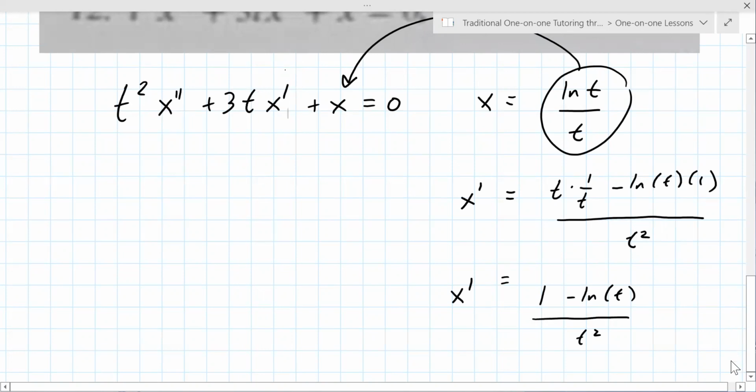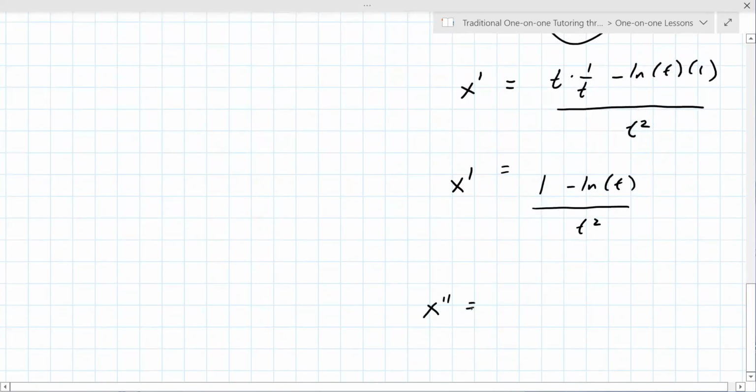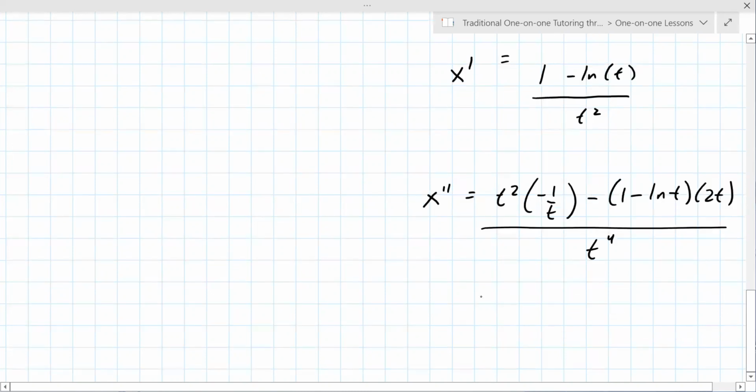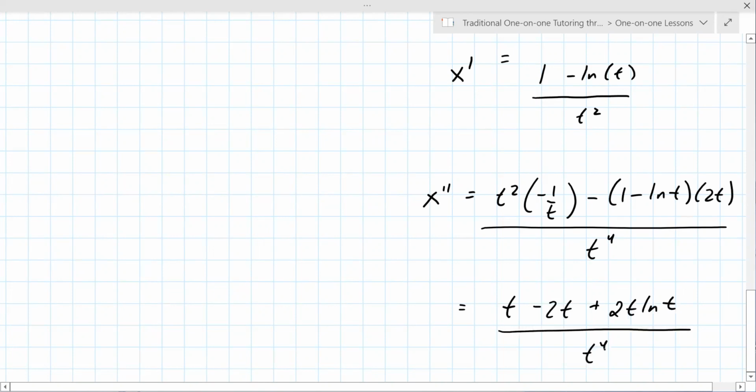Okay. And then we have to find the second derivative, x double prime. And yeah, you're supposed to do these by hand. Bottom times the derivative of the top minus the top times 2t over the bottom to the power 4. So you have to be really fast at these to be able to do anything with them. Yeah, I have to go back to Cal 2. t over t to the 4th.